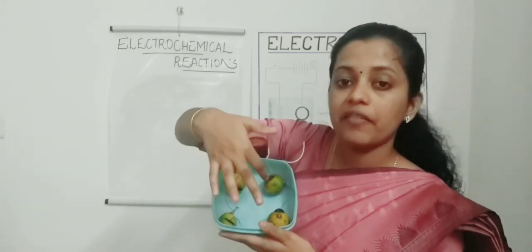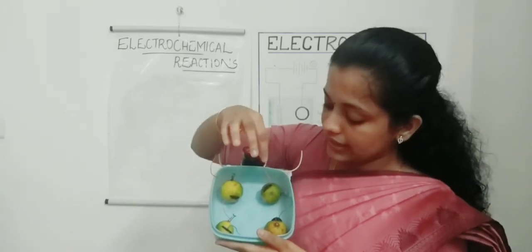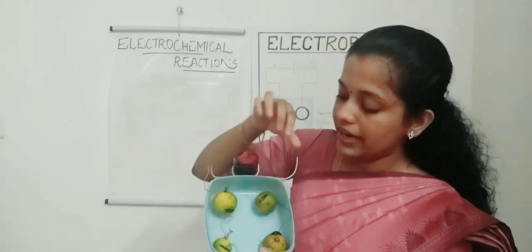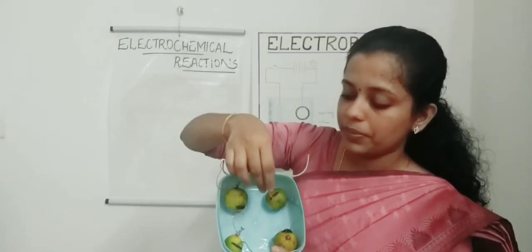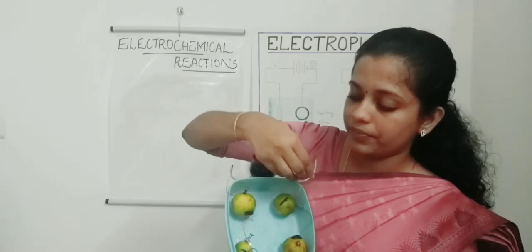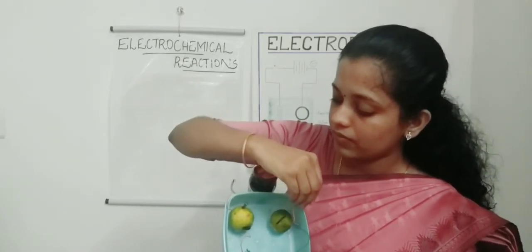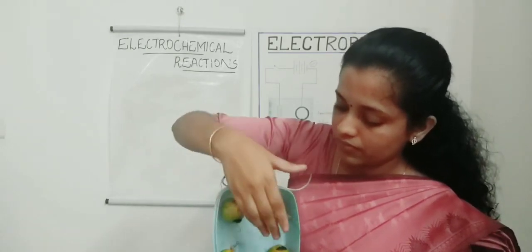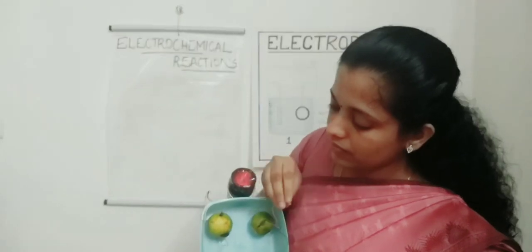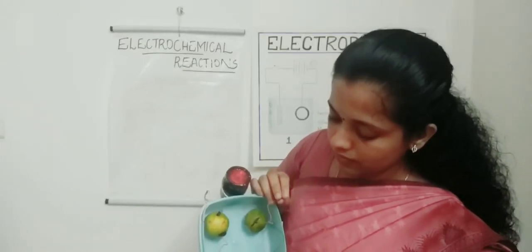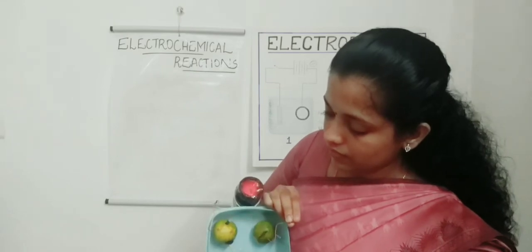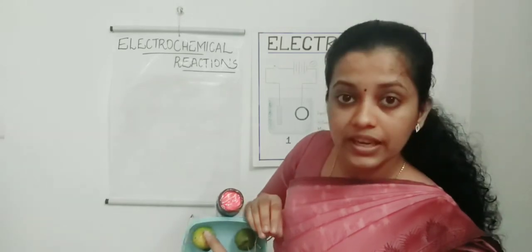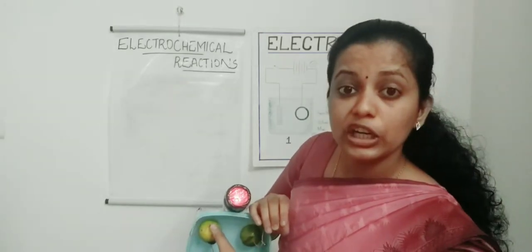In a similar way I have connected all 4 lemons, and the last copper ring from the 4th lemon I am going to connect to the other end of the LED bulb. Now you can see what is happening. Yes, you can see the LED bulb is glowing.